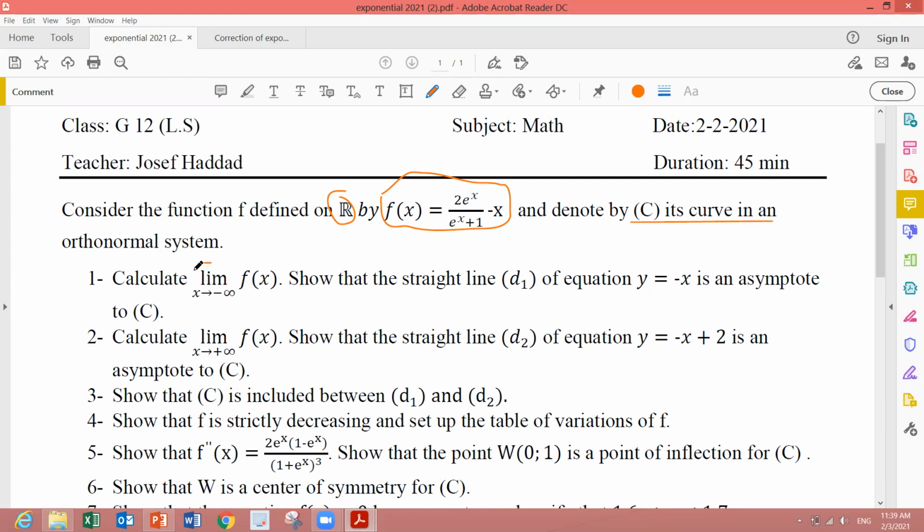Part 1a: calculate the limit as x tends to minus infinity of f(x), and show that the line D1 with the equation y = -x is an asymptote.